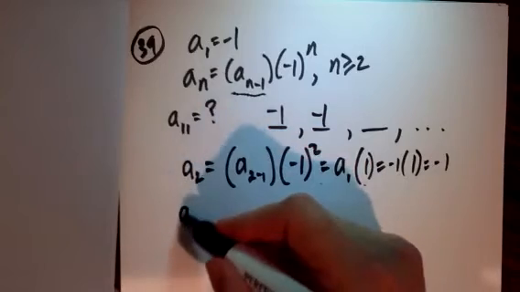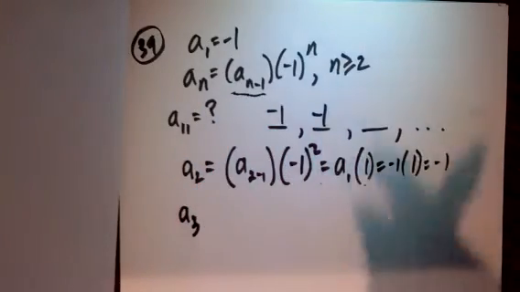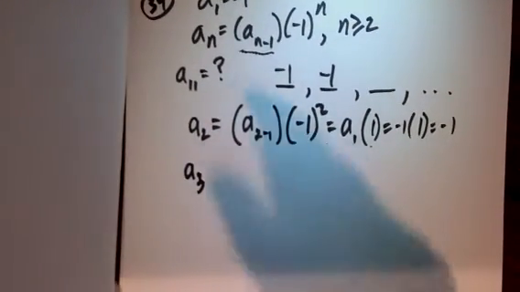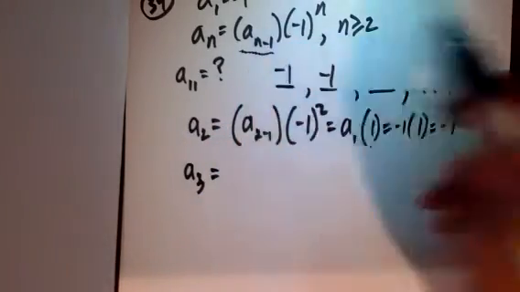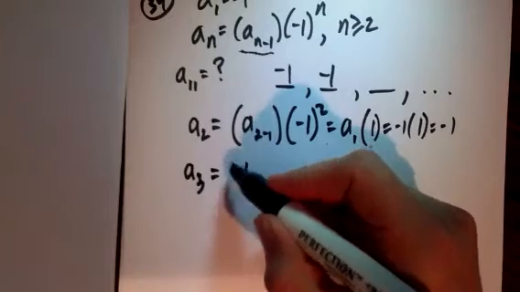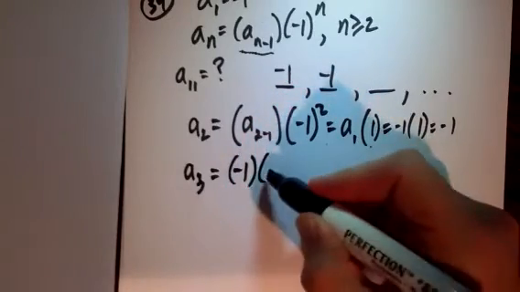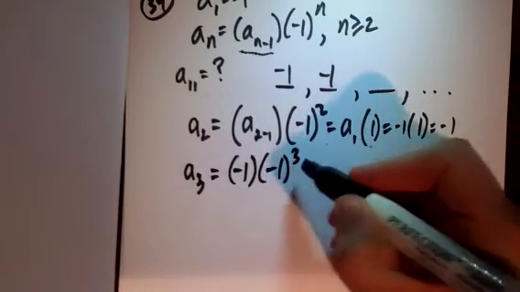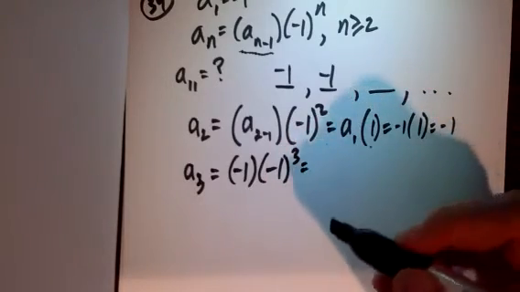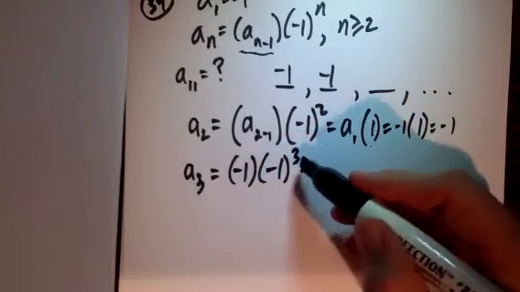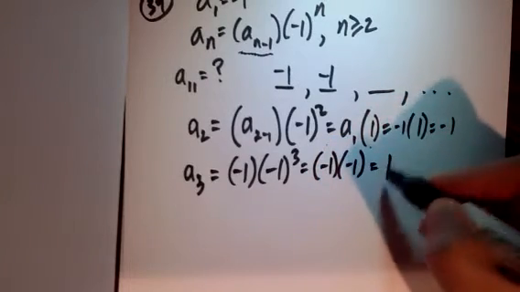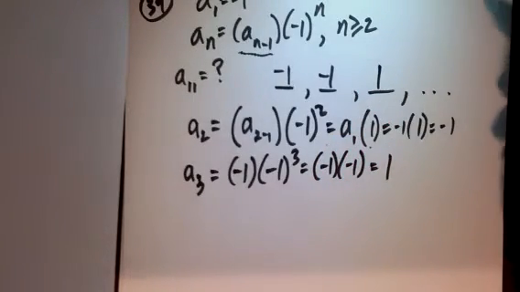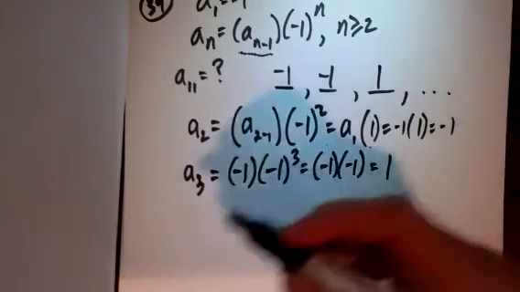All right, we'll try the third term. The third term is, take a look at the term previous, -1. Multiply that by -1 to the third power. -1 to the third power is -1, times -1 is 1. So we're starting to generate this list.